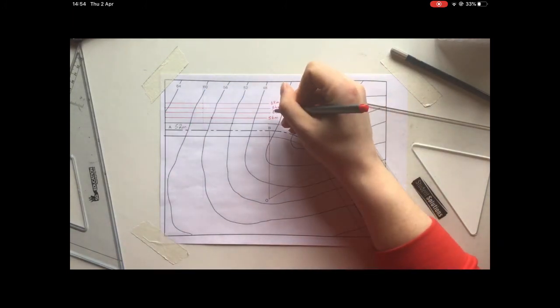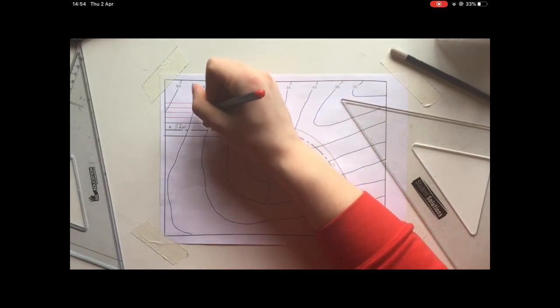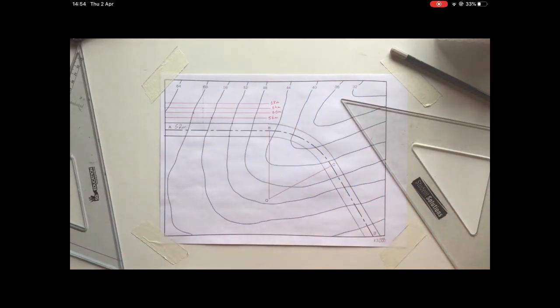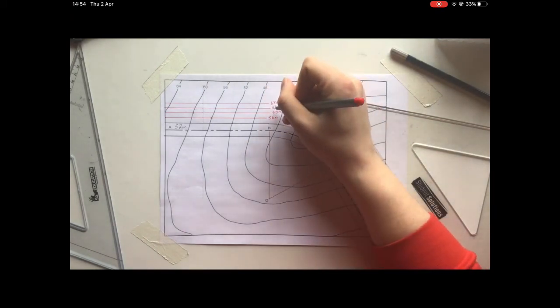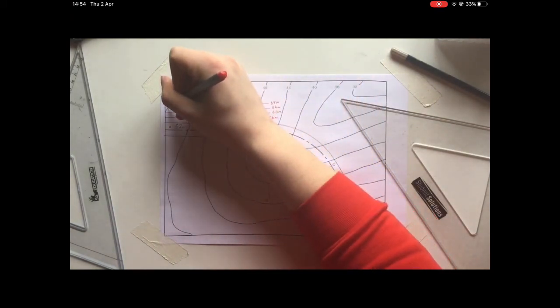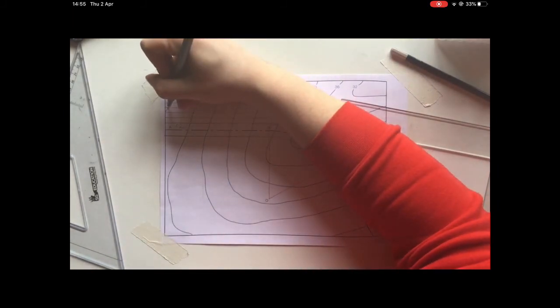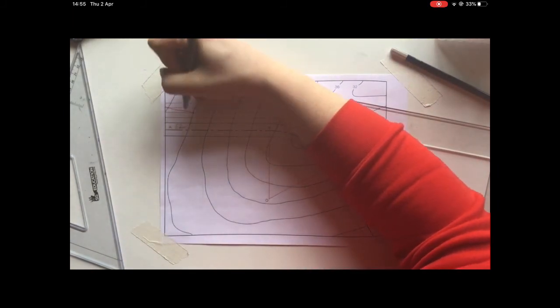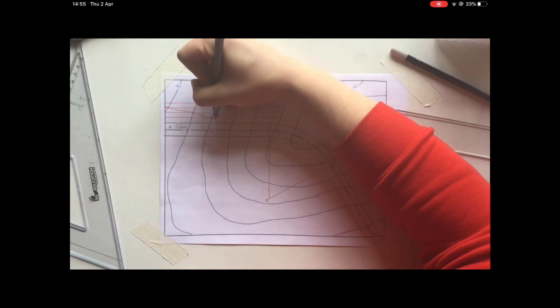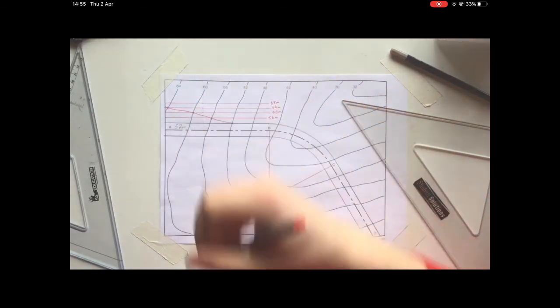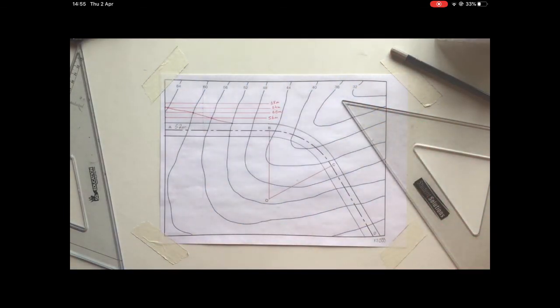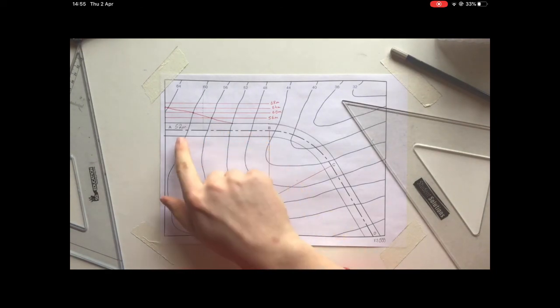Next, we go to our 60 meter contour line, follow it across the red parallel line and mark it off. And the same thing, 64, mark it here. Then we draw a curve joining these dots, and that is the cut required to bring this road up to 52.